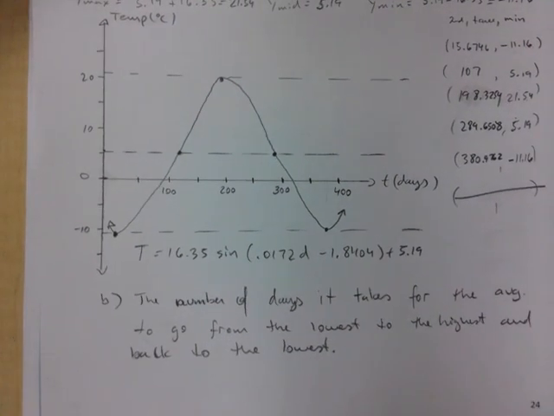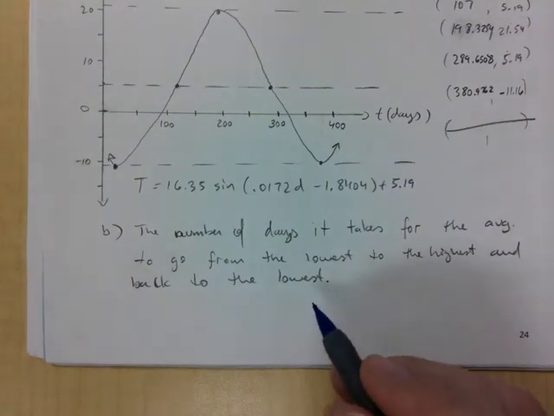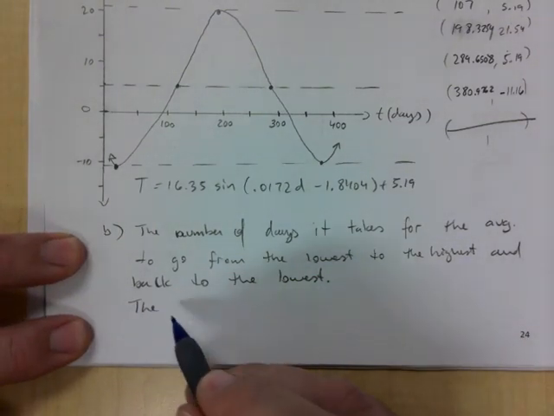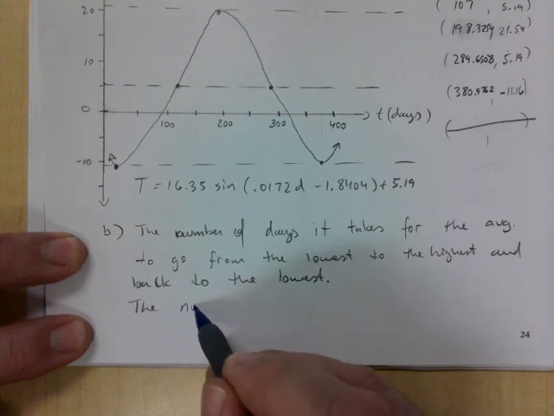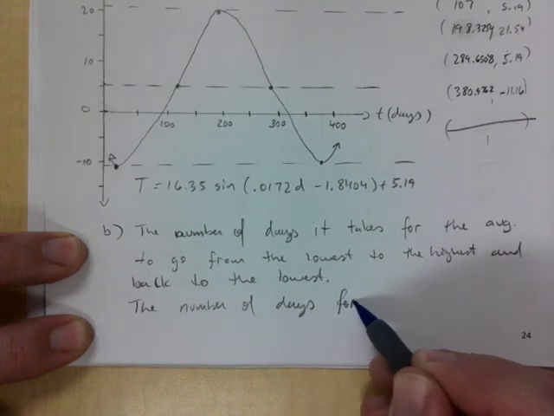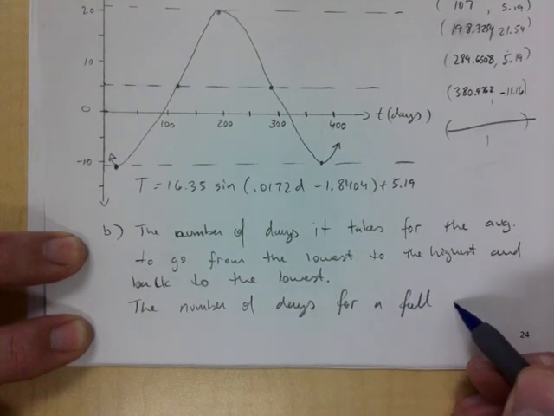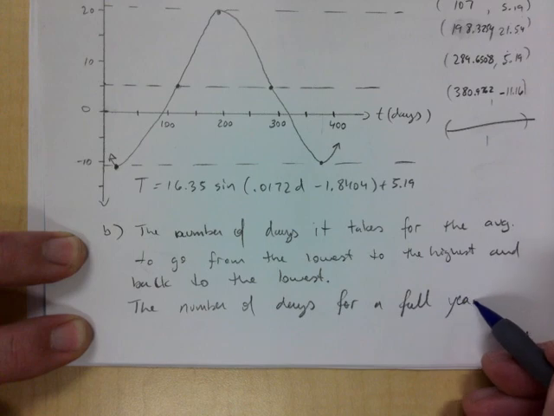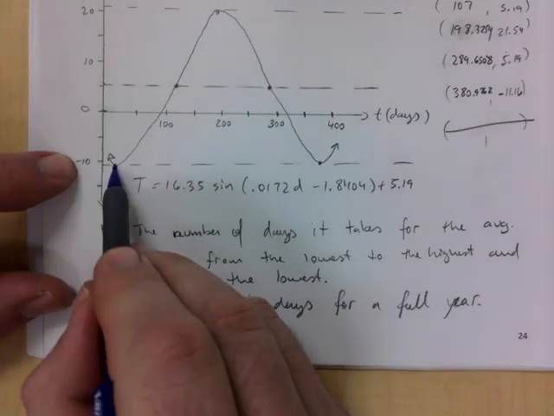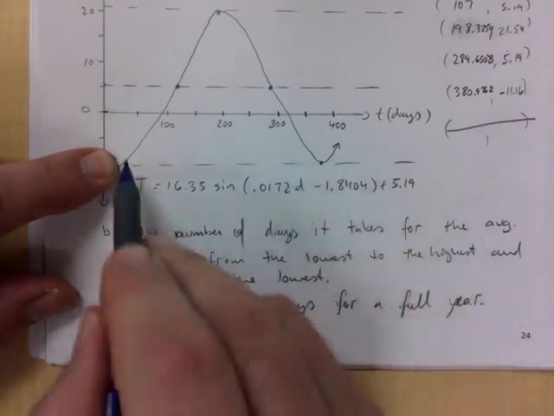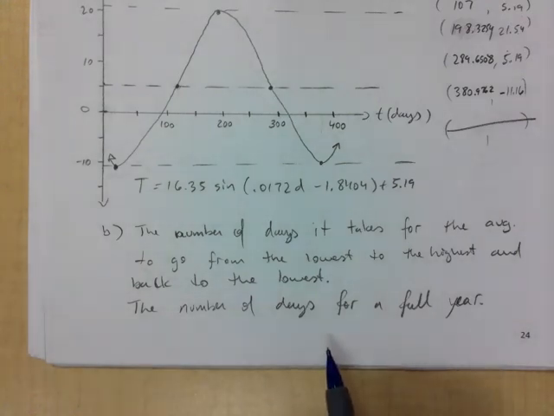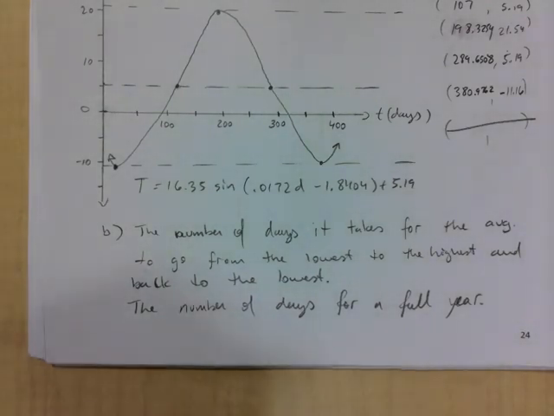You can also say that's the amount of time for a full year, because in this context, we understand, right, that from here to here, that'd be the number of days for something to repeat itself, and within this context, it's the days for a full year, right? We're going to get back to that.